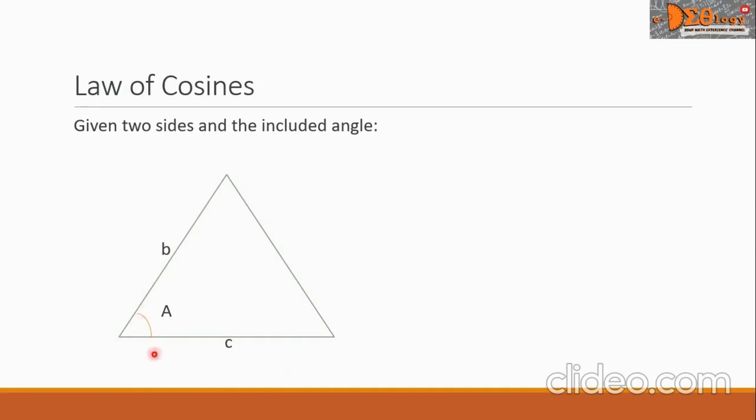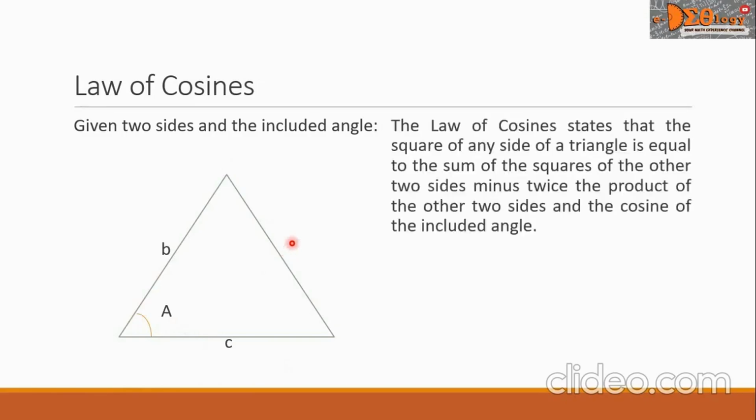Let this angle be represented by angle A, and the adjacent sides are side B and side C. Of course, we know that the opposite side here is side A. The law of cosines states that the square of any side of a triangle is equal to the sum of the squares of the other two sides minus twice the product of the other two sides and the cosine of the included angle.